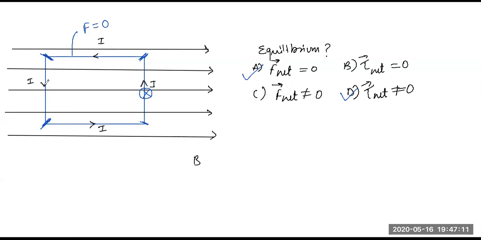Current is in minus j cap direction and magnetic field is in I cap direction. So when you find the cross product of this, you will get the direction outward. Yes or no? Similarly, the last segment: magnetic field and current are parallel to each other, so the angle between them is 0, and if the angle between them is 0, the force is 0.